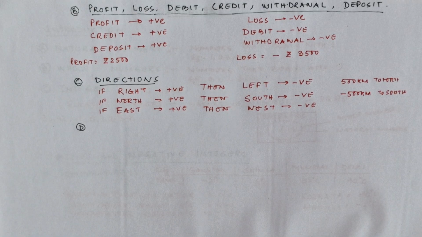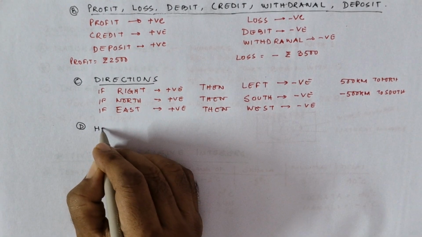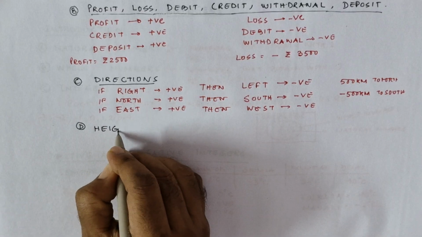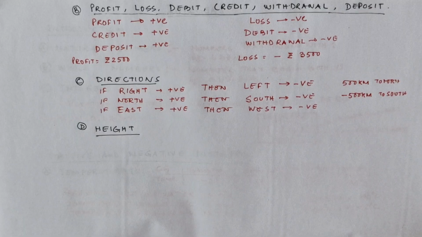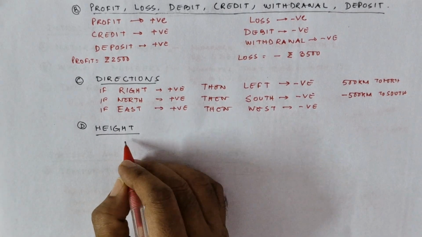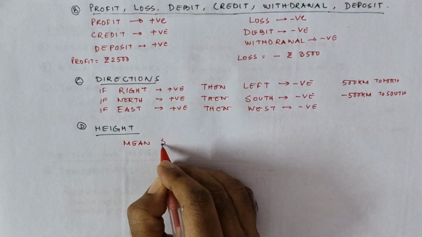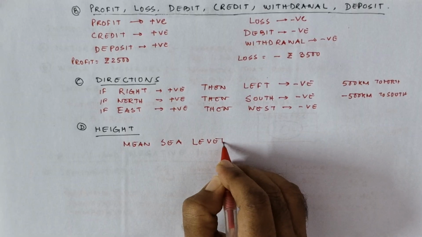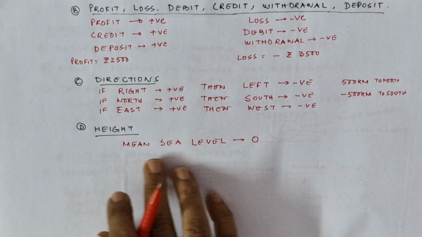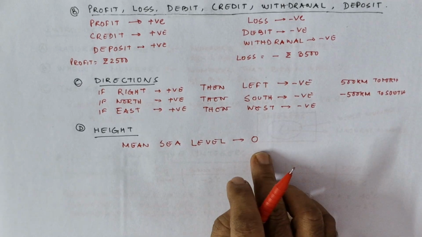So let's come to the last real life example that I'm showing you, that is height. Right? For height we will consider mean sea level to be 0. The sea level that you see is supposed to be 0.